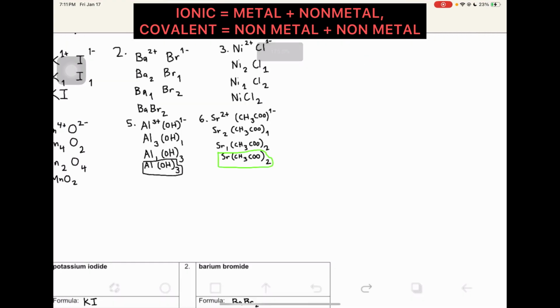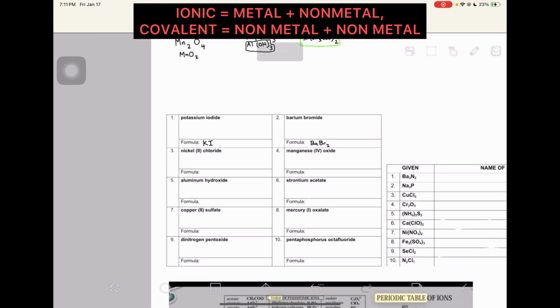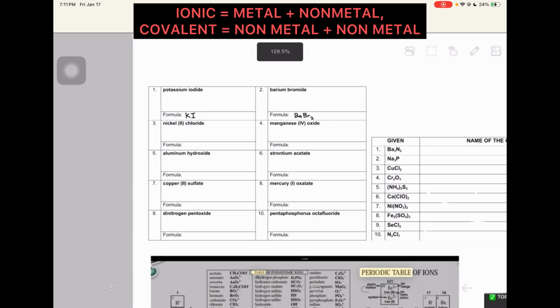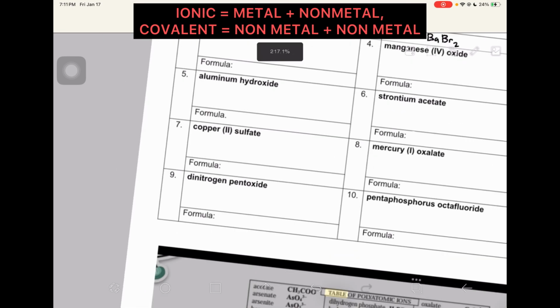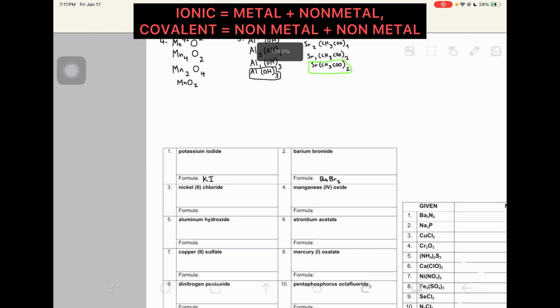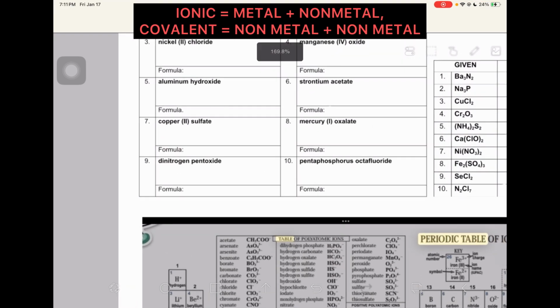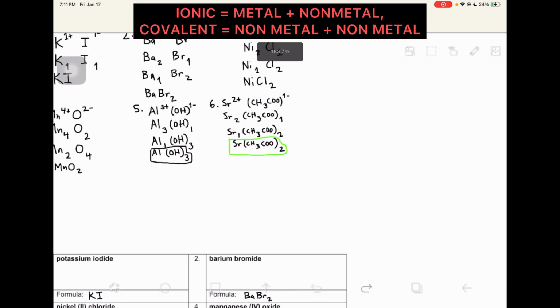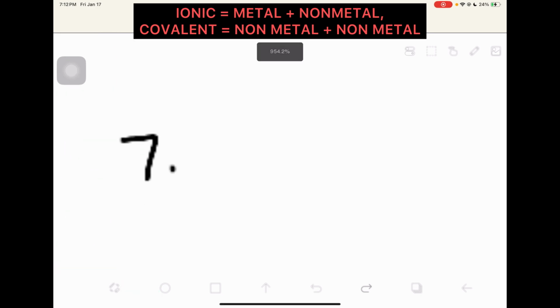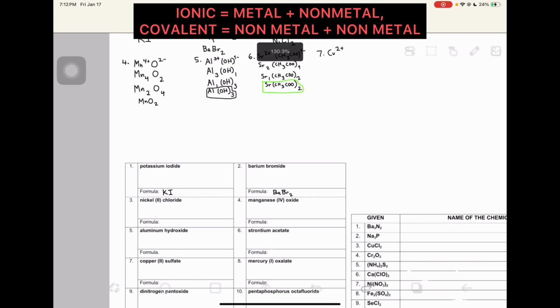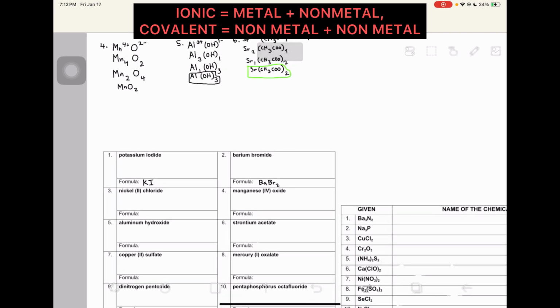Okay. Number 7. This time it's the same as number 3 and 4, but this time we are using polyatomic ions and transition metals. Remember that these always have a positive charge, so we can immediately say that number 7 is copper 2 plus, and we want to find what's this one?